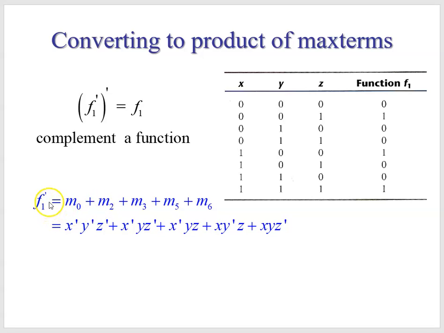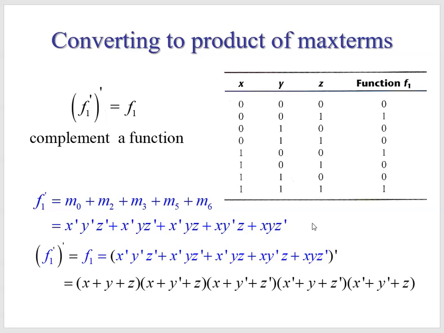So if we first find the complement of f1, that's the sum of all the minterms where the function's equal to a 0. So that's 0, 2, 3, 5, and 6. Then we expand that into their respective product terms. If we then complement that, we're going to get back the function. The double complement of the function is the function itself.